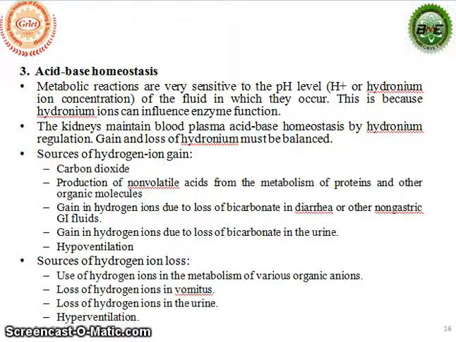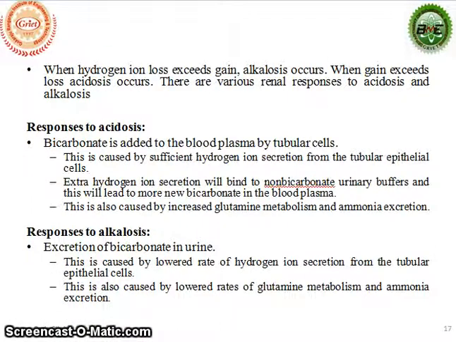The sources of hydrogen ion, or H plus ion, are carbon dioxide, production of non-volatile acids from the metabolism of proteins and other organic molecules, gain in hydrogen ions due to loss of bicarbonate in diarrhea and non-gastric GI fluids, gain in hydrogen ion due to loss of bicarbonate via urine, and hyperventilation. On the contrary, the sources of hydrogen ion loss are hyperventilation, hydrogen ion loss via urine or via vomitus, and also via metabolism of various organic anions.